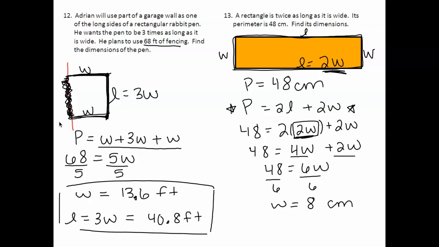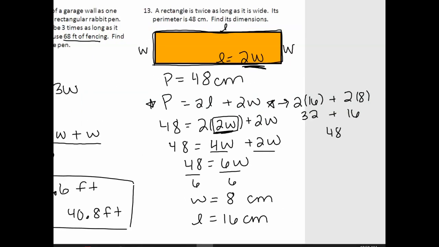So the width is 8 centimeters, and the length is twice the width, so 16 centimeters. And you could always go and check and say, okay, 2 times 16 plus 2 times 8, and get 32 plus 16, and see that that is in fact 48.